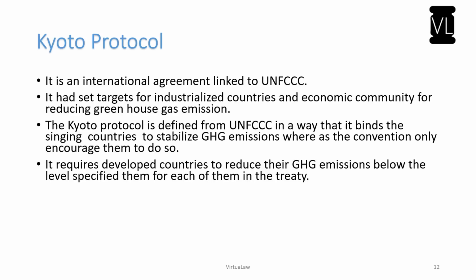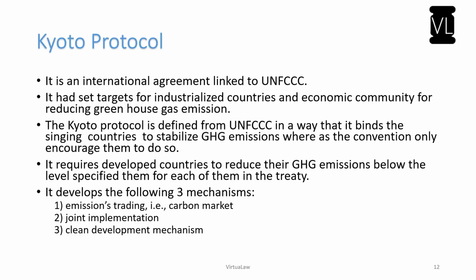Under the Kyoto Protocol, for the industrialized countries, we have already seen that several targets have been set. Developed countries have to reduce their GHG emissions below the level specified for them in the treaty. And there are three mechanisms which have been developed. Number one, the carbon market, that is emissions trading. If you are not limiting your usage, then purchase the limits from some other company. Next, joint implementation.